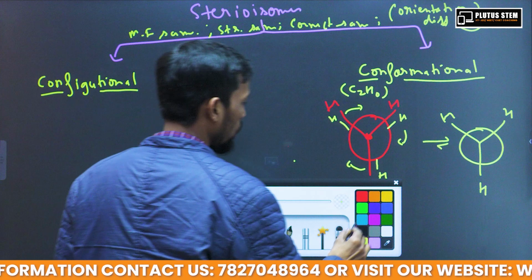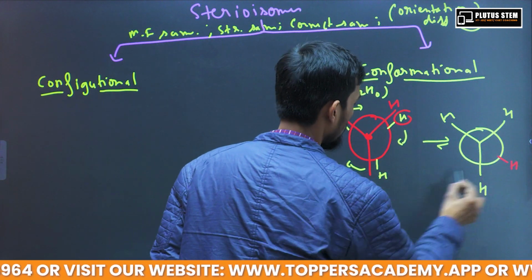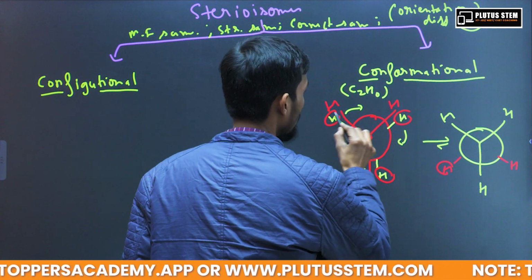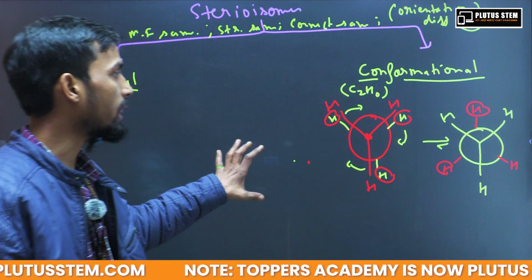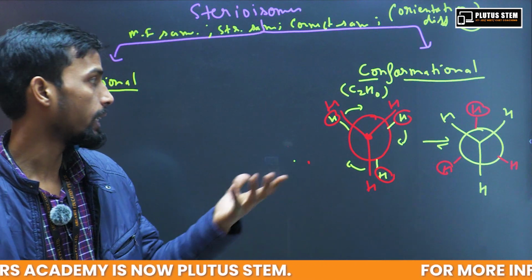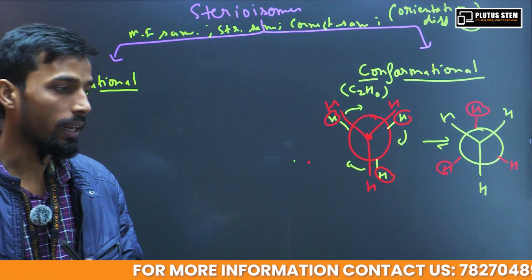These are the 3 hydrogens, and this hydrogen moves and comes over here, and this hydrogen after movement comes at this place. So you can see these two are oriented in different 3D orientations. This one and this one are quite different.